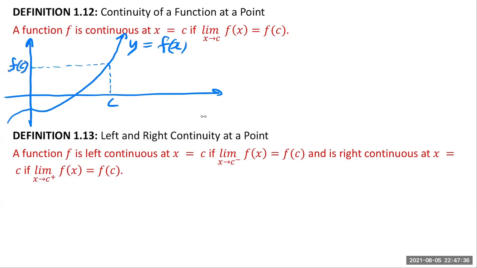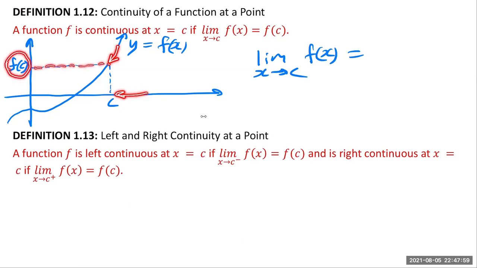In other words, the function value at x equals c is f of c. Now, as you can see, what is the limit as x approaches c of f of x? As x approaches c from the right-hand side, your y value is approaching this particular y value, but that y value is the function value itself.